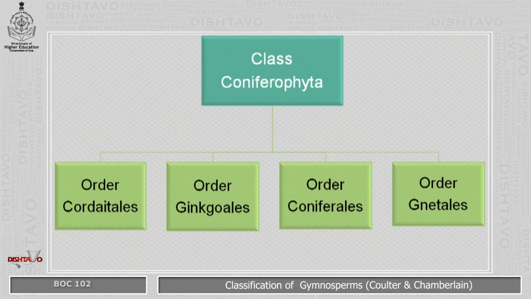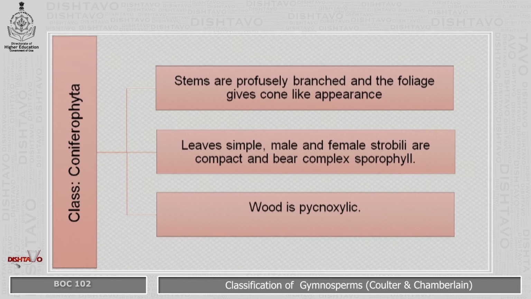Now coming to the class Coniferophyta. This class is further divided into 4 orders, namely order Cordaitales, order Ginkgoales, order Coniferales, and order Gnetales. Now the characteristics of the class Coniferophyta. The trees which belong to this class have a stem which is profusely branched and the foliage always gives the cone-like appearance.